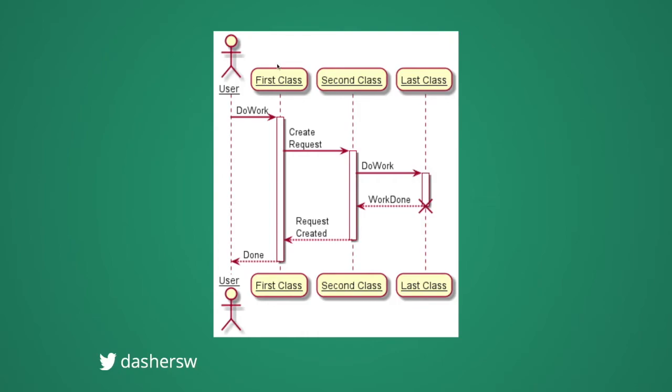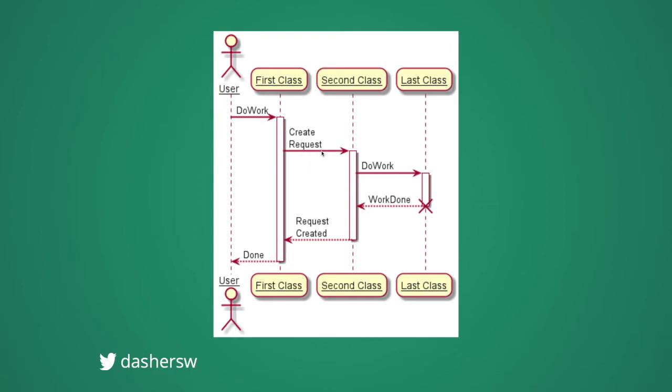So you have some actors, like a user, and they interact with some certain classes, like first class, second class, last class. Again, the names don't matter, but they can call a method, and the first class then is calling the second class.